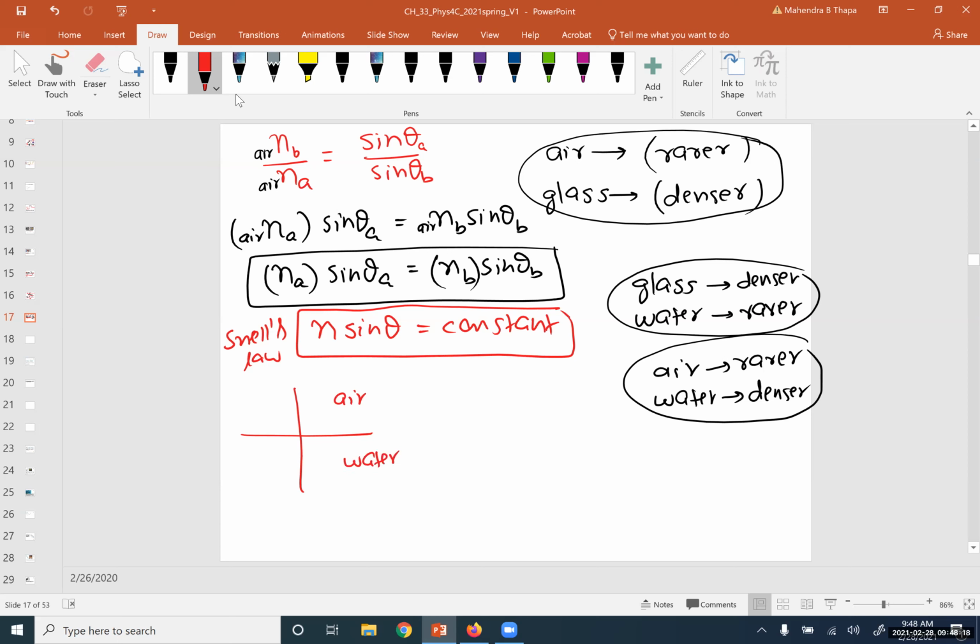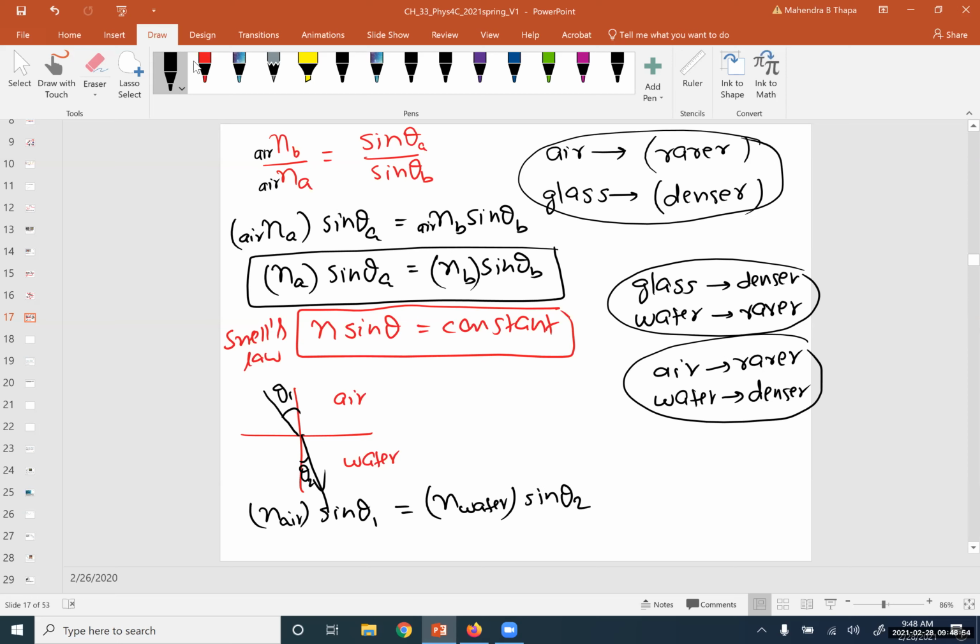We can use this equation as refractive index of air times sine theta 1, where this angle is theta 1 and this angle is theta 2, equals the refractive index of water times sine theta 2.